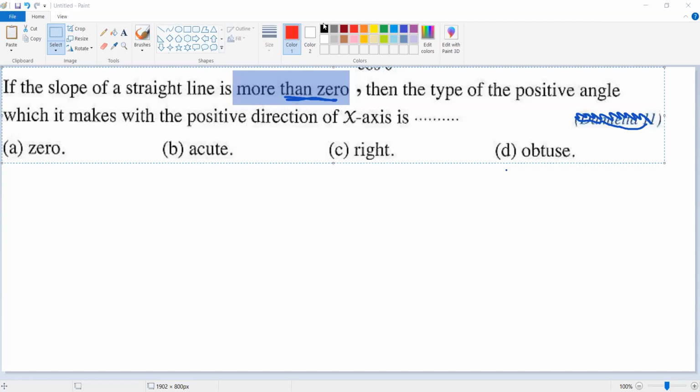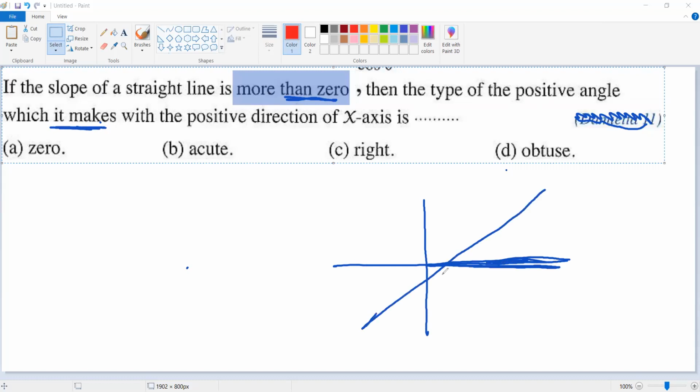More than 0 means positive. The slope is positive depending on the type of the positive angle which the line makes with the positive direction of the x-axis. What is the type of the angle between the line and the positive direction? I said it, the angle is acute.